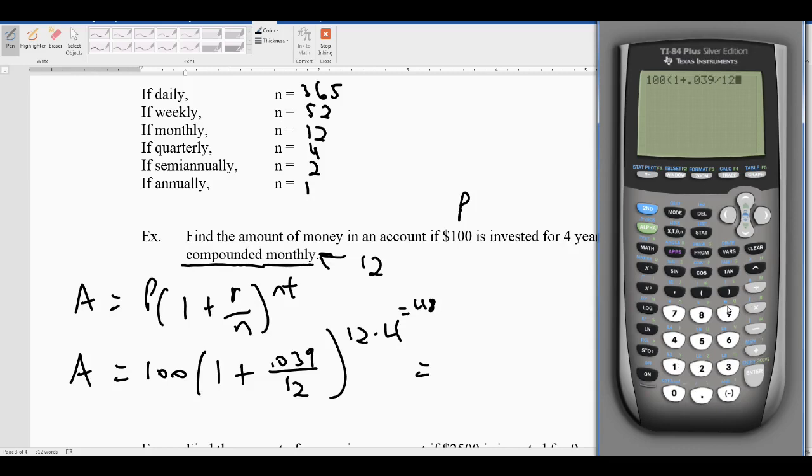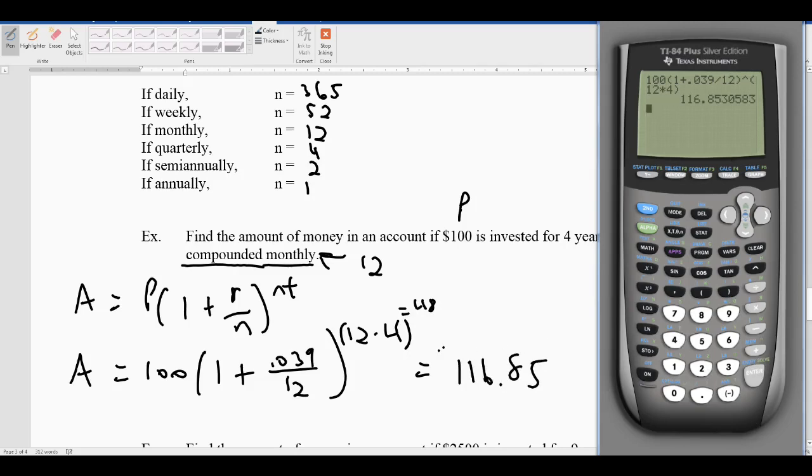Some calculators actually bring up an exponent box, which makes it really easy. All you got to do then is type in 12 times 4. Now you can use the 48 if you want to. If you're lazy, like I tend to be, you can just go ahead and use parentheses around the exponent, 12 times 4. And then hit enter, and you get your answer.